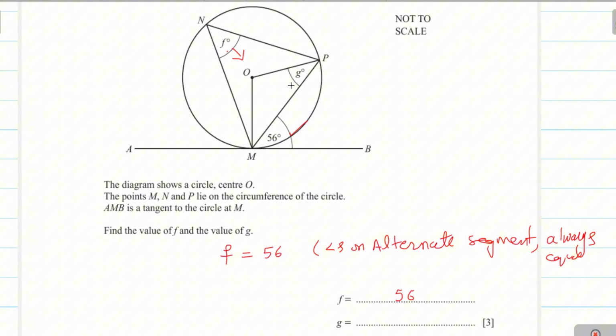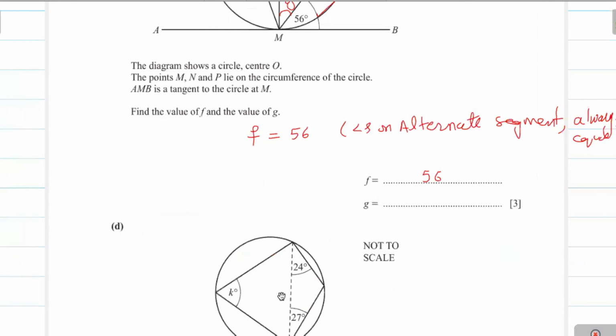Next, the value of G. Look here, this triangle MOP is an isosceles triangle because OP and OM are radii. Therefore, the angles at the base of an isosceles triangle are always the same, so this angle will be G. The angle OMP is equal to G because of base angles. Next, the angle POM is equal to 2 times the angle at the circumference.